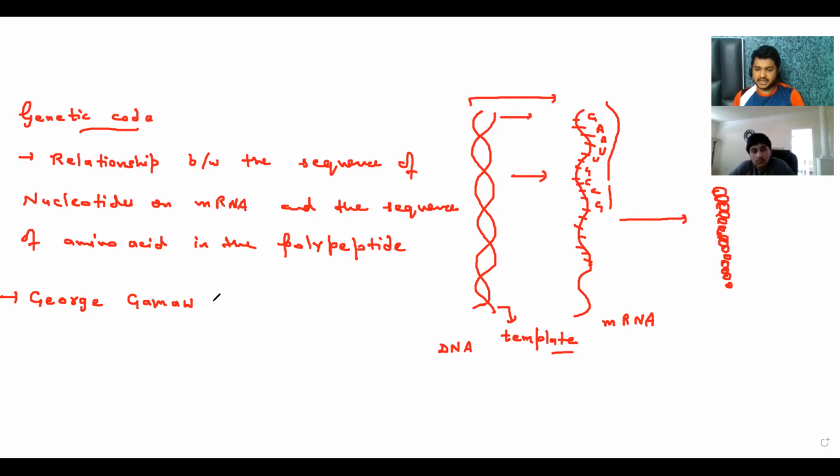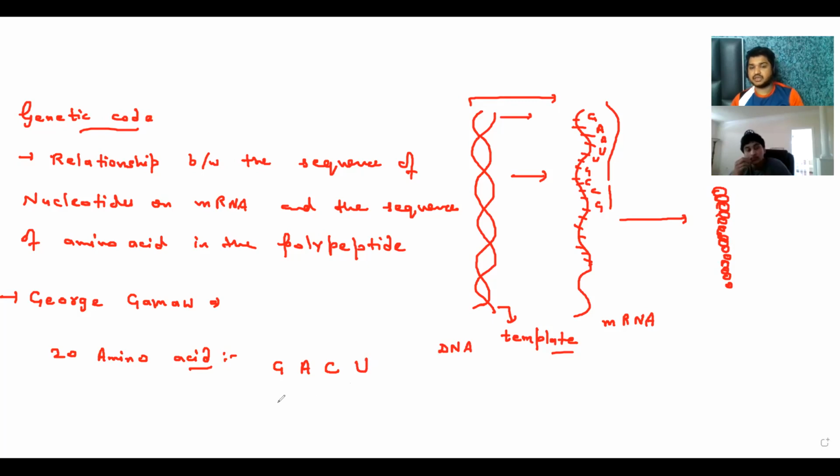George Gamow was saying that, guys, see very carefully. We have a total of 20 amino acids. We want to make all 20 amino acids. In our body, 20 amino acids are there by which you can form your body protein. But we have only four types of code for the mRNA: guanine, adenine, cytosine, uracil.